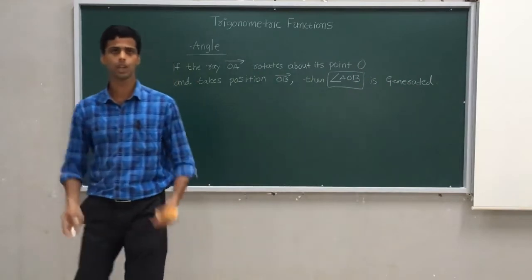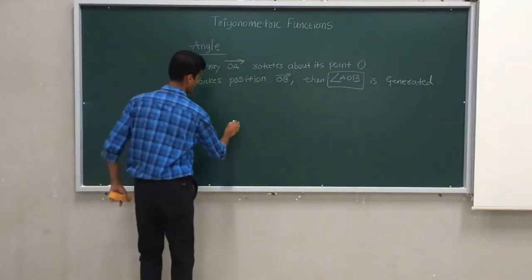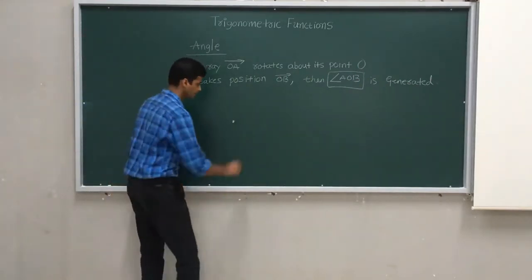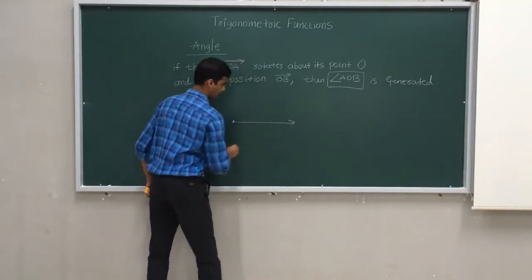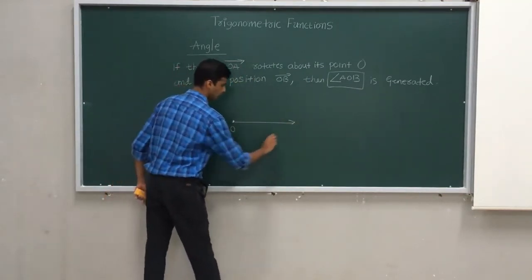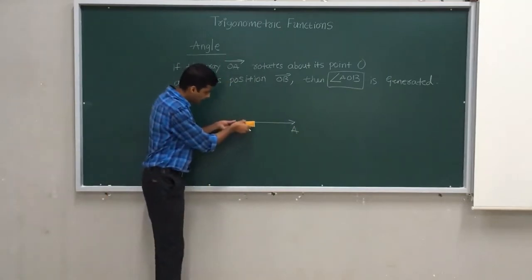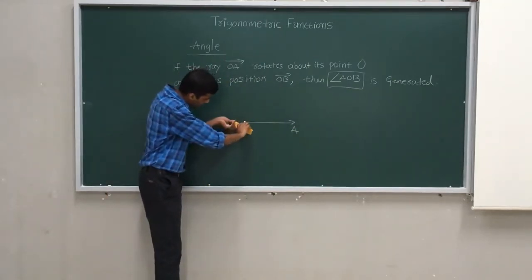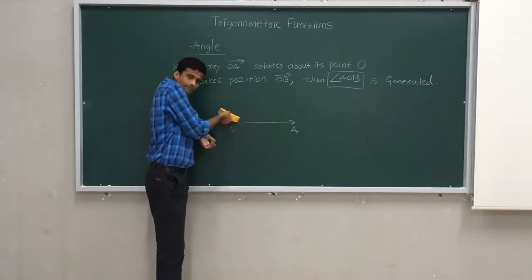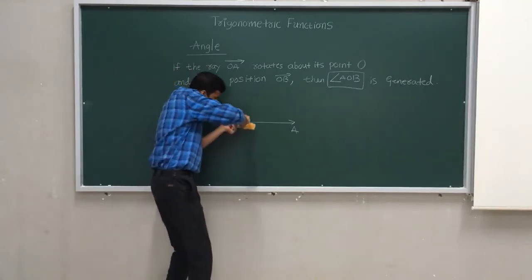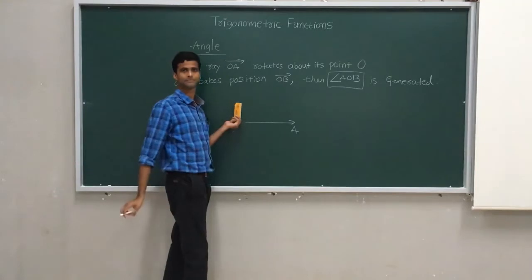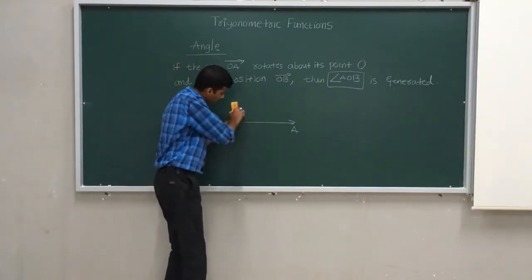So how to draw it in a picture way? Take O. I will consider one ray with that point, and mark it as OA. Now, if this ray rotates about its point, it may go in this direction, upward.